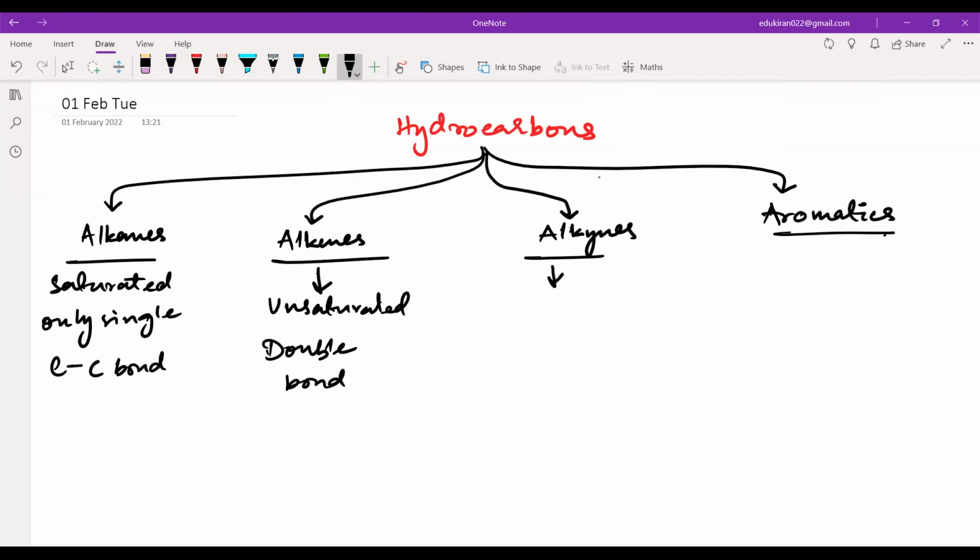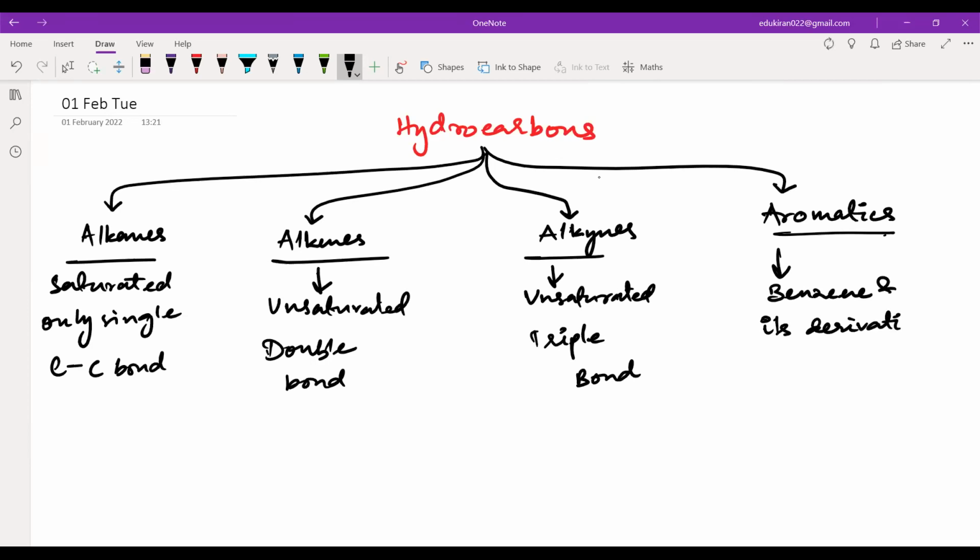Alkynes will also be unsaturated, and there will be at least one triple bond. And aromatics will have benzene and its derivatives, so some groups will be attached here.